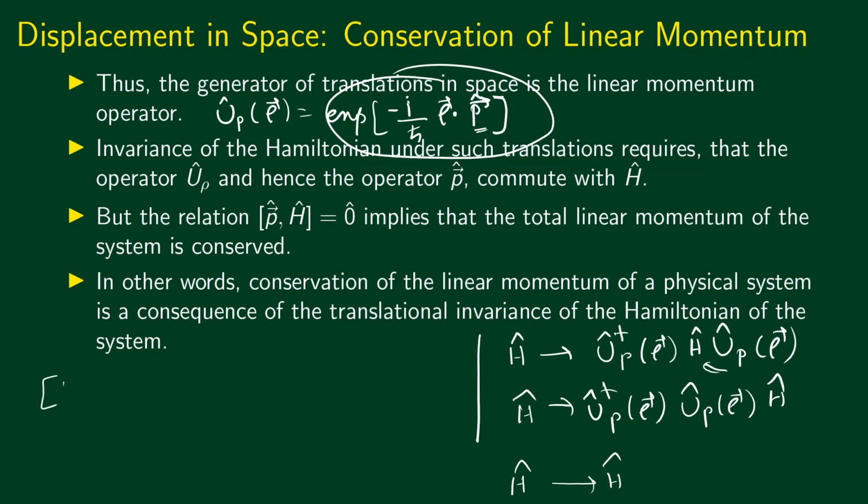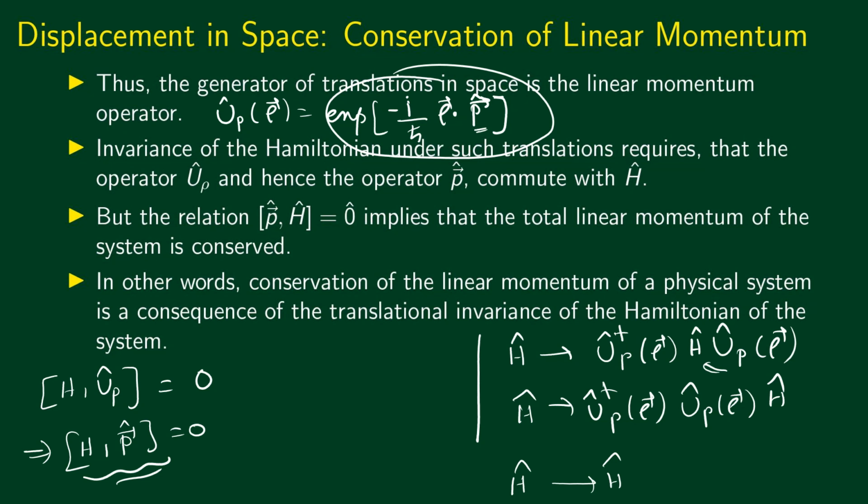So, when we say that H commutes with this operator, you can check this by looking at the series expansion of this exponential. This is possible if H commutes with the momentum operator. So we see that the Hamiltonian is invariant under translations if the Hamiltonian commutes with the momentum operator.